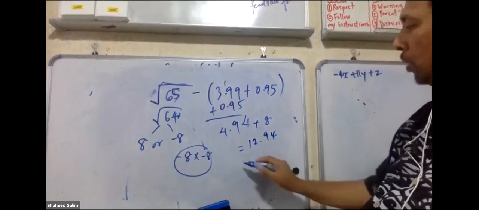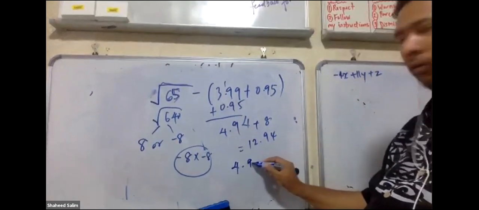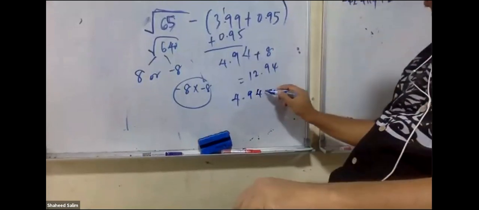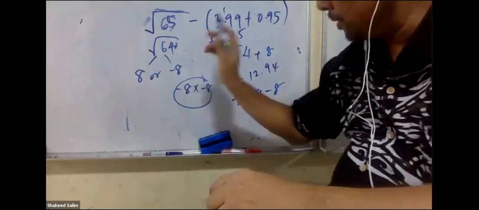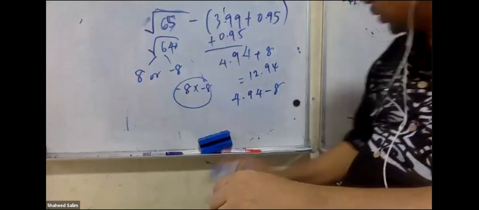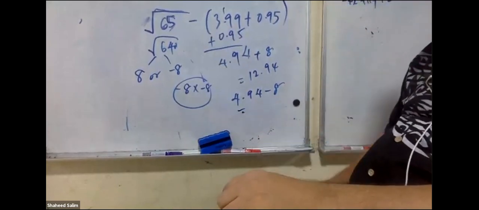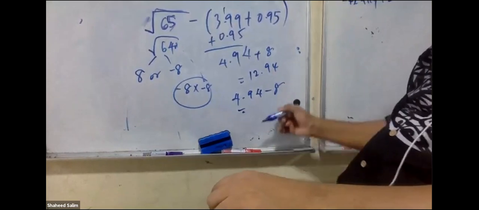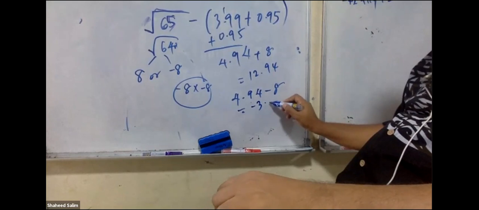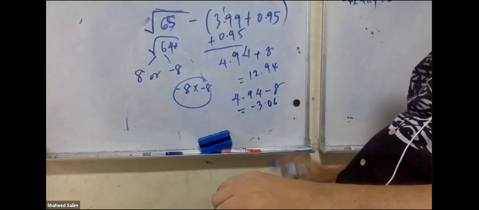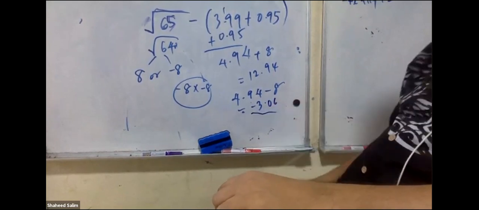But it can also be 4.94 minus 8. It can also be that, you know. Square root means that. So it can be negative, so negative 3.06, I think. Something like that.